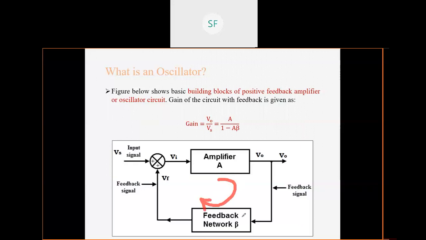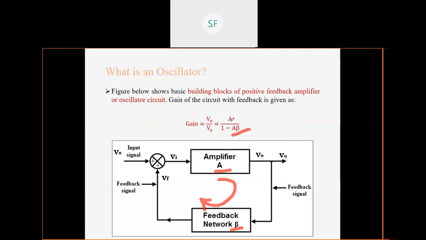Three parameters you should remember. A is the gain of your amplifier, beta is the attenuation provided by the feedback network, and A beta is nothing but the loop gain. When this loop gain becomes 1, what will happen?